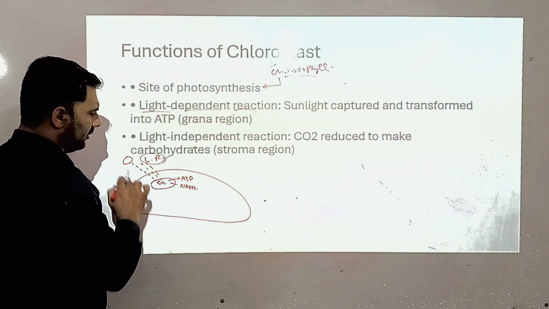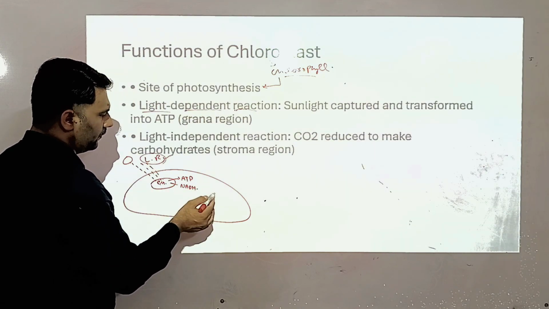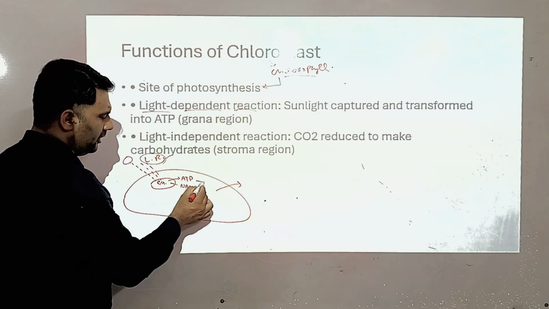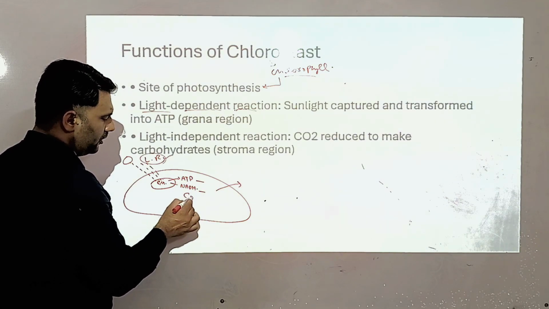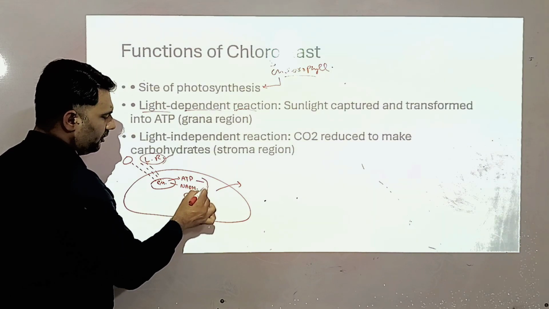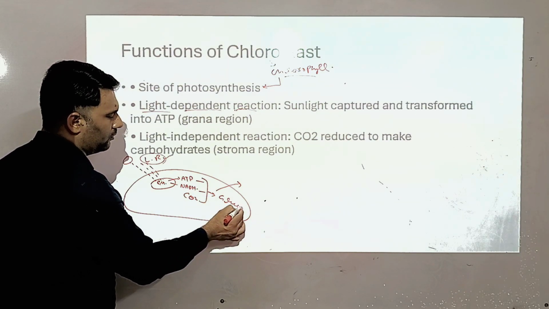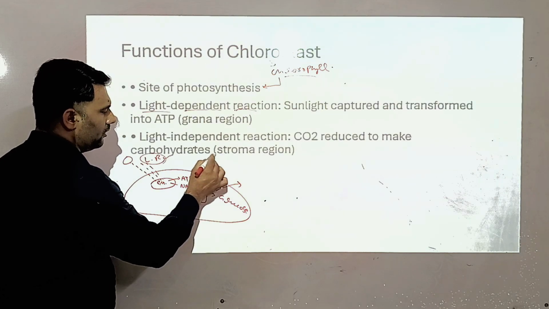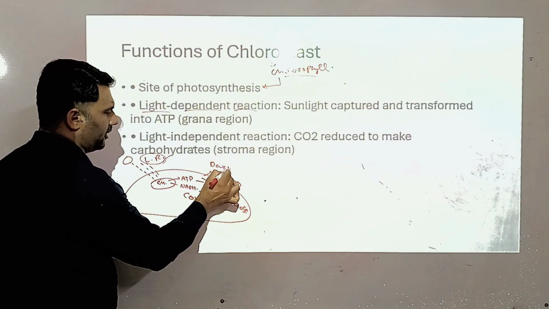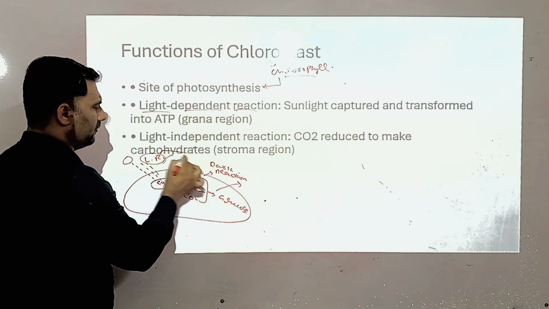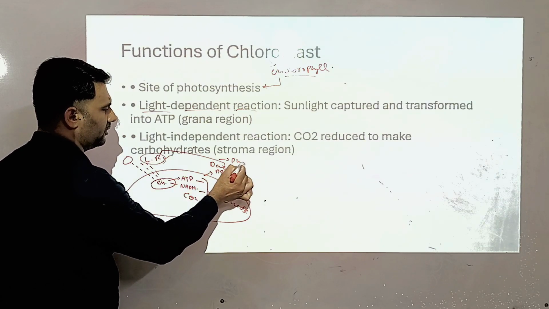In the absence of light, in the stroma, this ATP, this NADH, along with carbon dioxide, these three things are utilized to convert into glucose, and this is known as dark reaction. These two types of reactions are collectively known as photosynthesis.